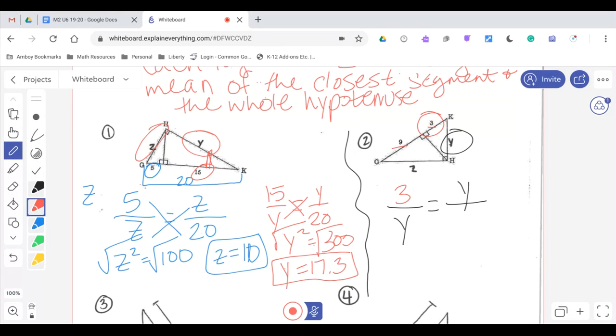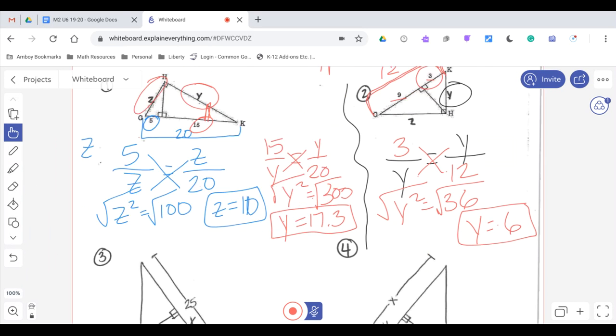And then I need the length of the whole hypotenuse. I don't want individual pieces, I want the whole thing. So 9 and 3 make 12. I'm going to cross multiply, so y squared equals 3 times 12, which is 36. I'm going to square root both sides, and I get that y equals 6.